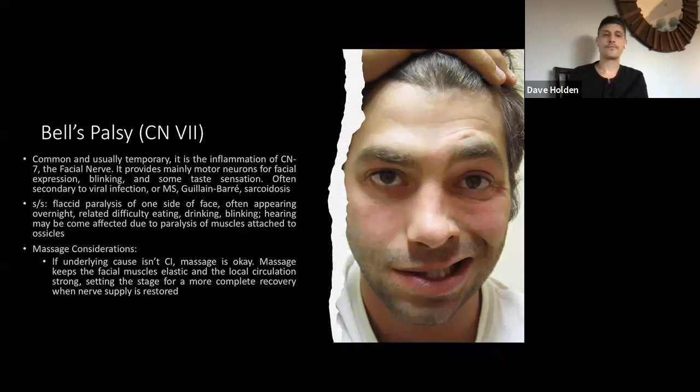Bell's palsy tends to appear overnight, and if the infection or inflammation subsides, the Bell's palsy will usually subside.